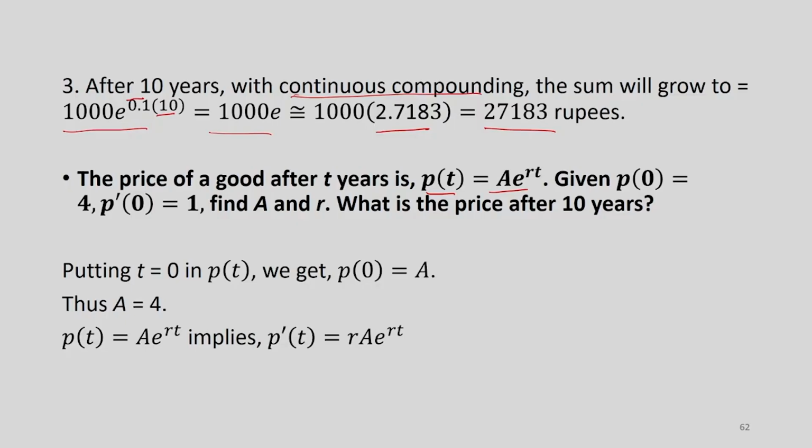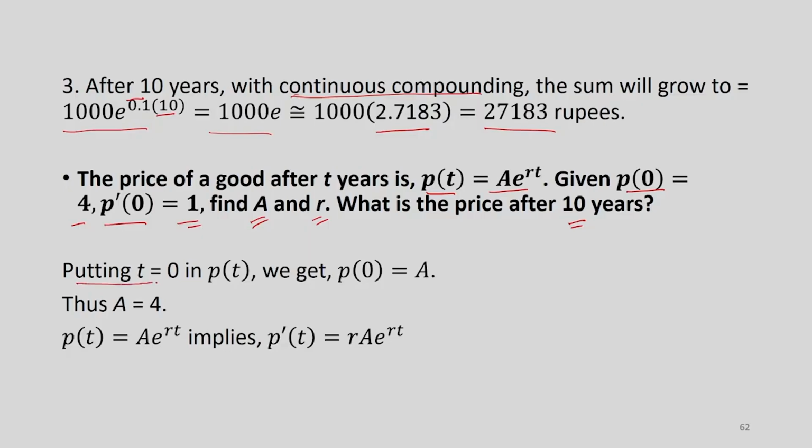We are given the information that P(0) is equal to 4, that is, price at time 0 is equal to 4, and P dash 0 is equal to 1, that is, the derivative of the price with respect to time at T equal to 0 is equal to 1. I have to find out what is capital A and small r. These are not known to us. What is the price after 10 years? That also is a question.